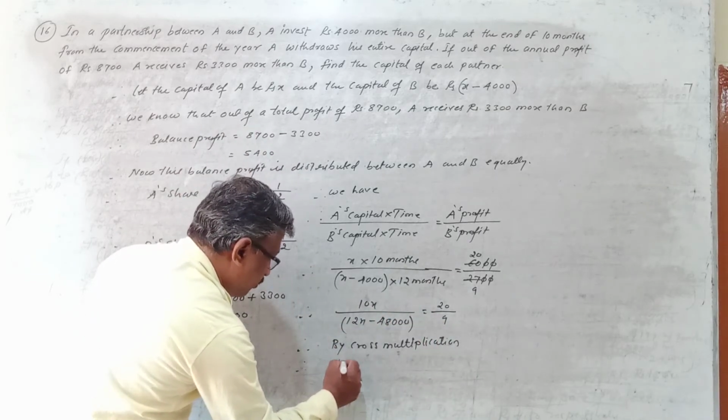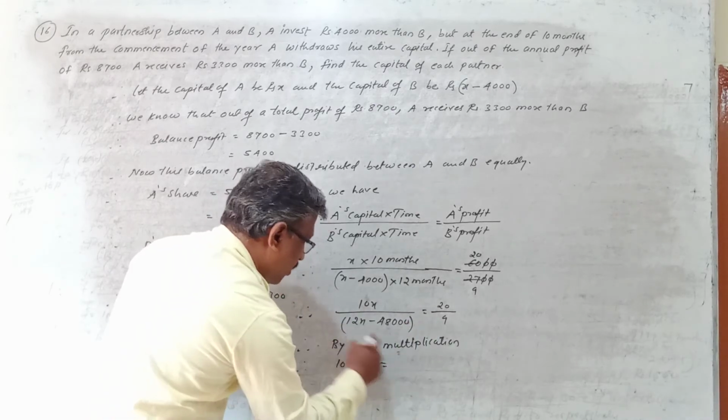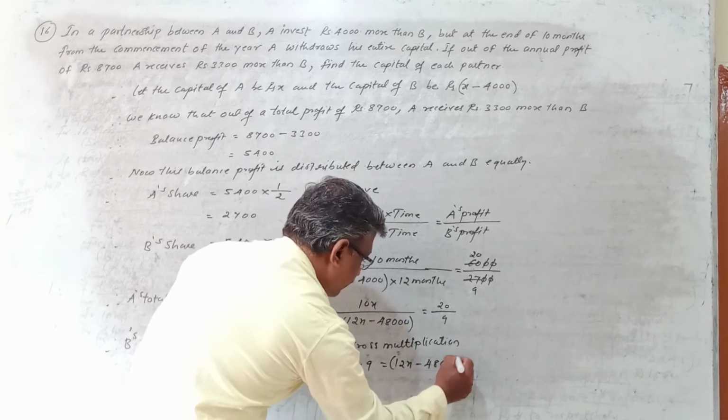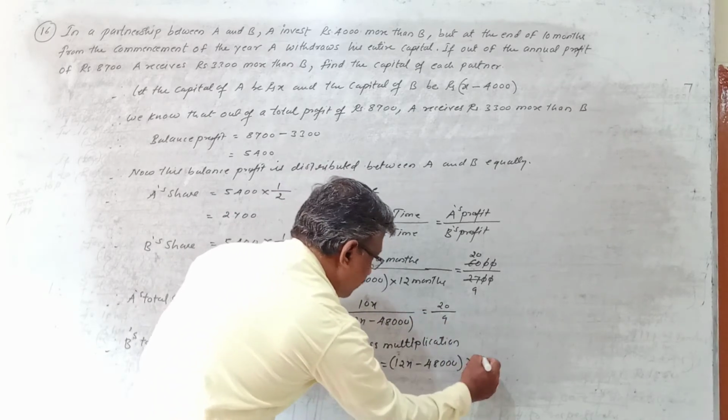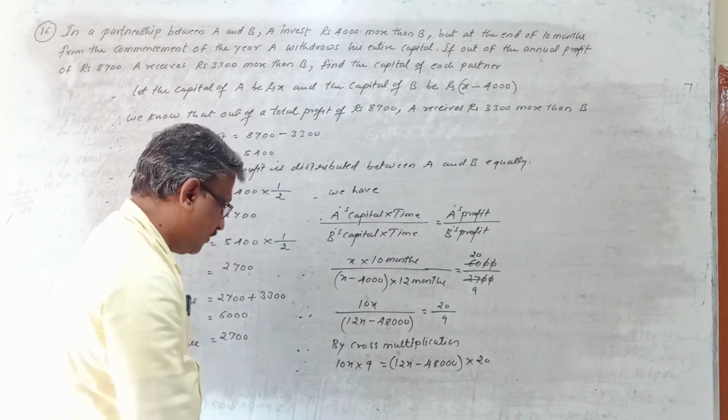So 10x multiplied by 9 is equal to 12x minus 48,000 multiplied by 20.